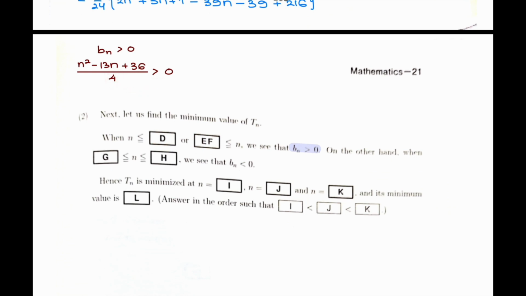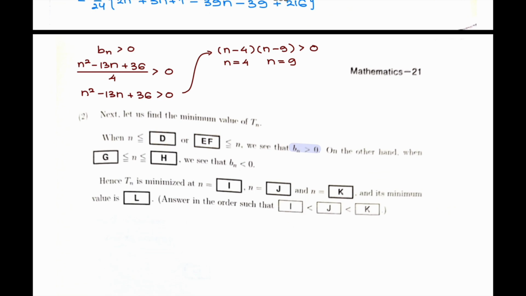So my inequality becomes n squared minus 13n plus 36 greater than 0. I can factorize this quadratic and it becomes n minus 4 times n minus 9 greater than 0. That means my critical values are n equals 4 and n equals 9.